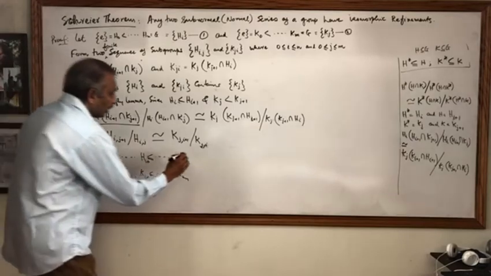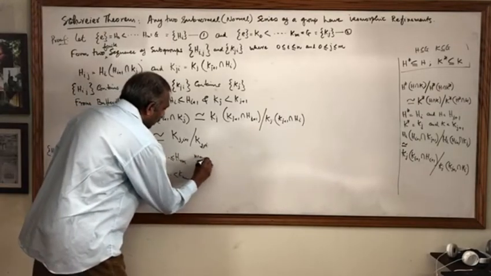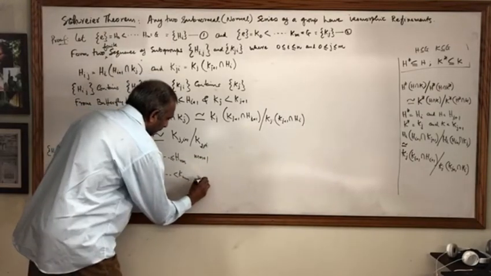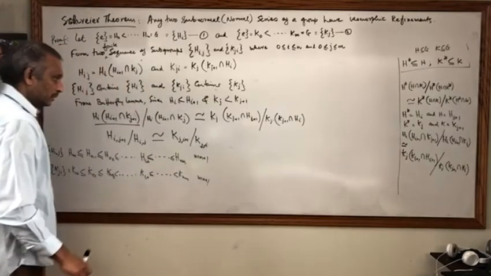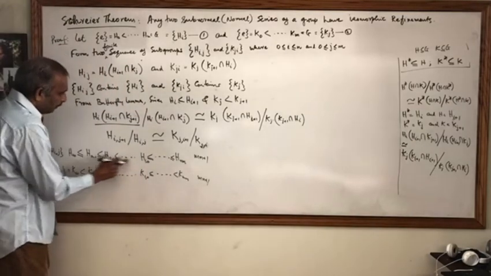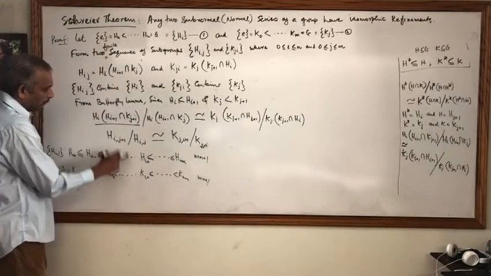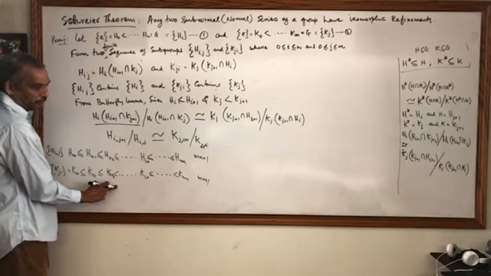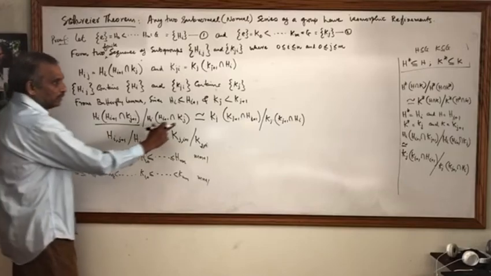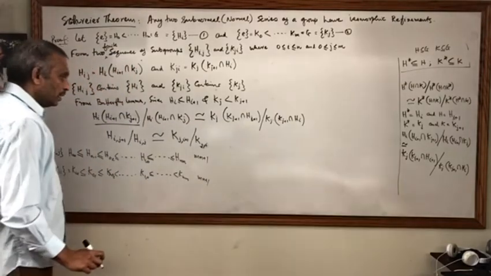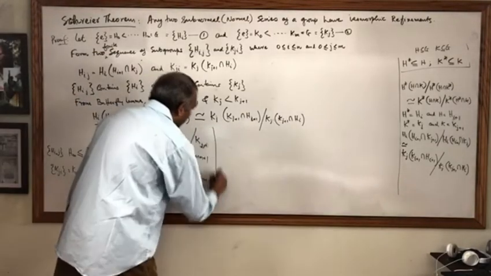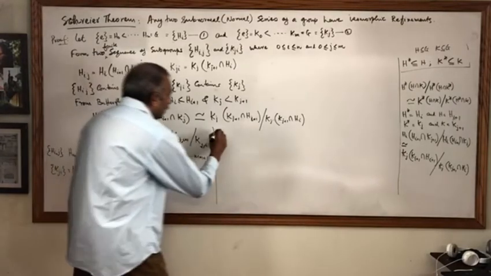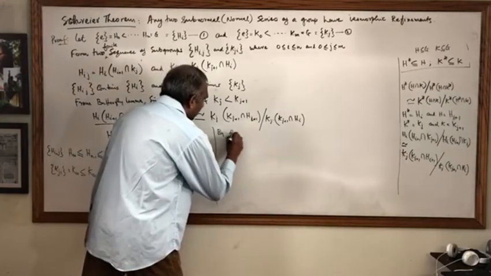So this has got Mn plus 1 elements. This also has Mn plus 1 elements. And if you take the factor group, there is an isomorphic factor group here. And that's what this shows. And there may be some duplicates, which we will remove by deleting.